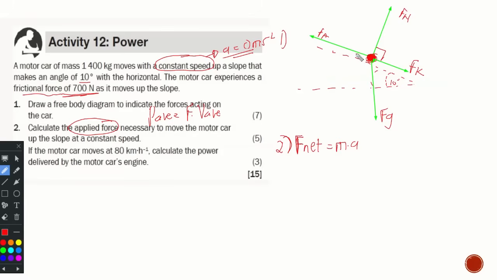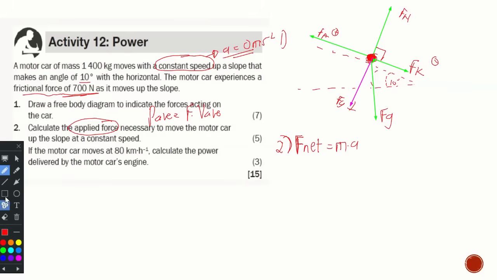So this is our positive direction, and this is our negative direction. Now, obviously, if we consider that this is on an incline, we do know that the FG here must break down into components, right? So let's use a different color for the components. We have the perpendicular component there, which is FG perpendicular.